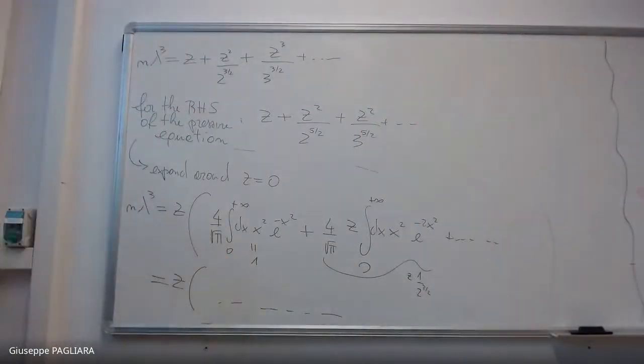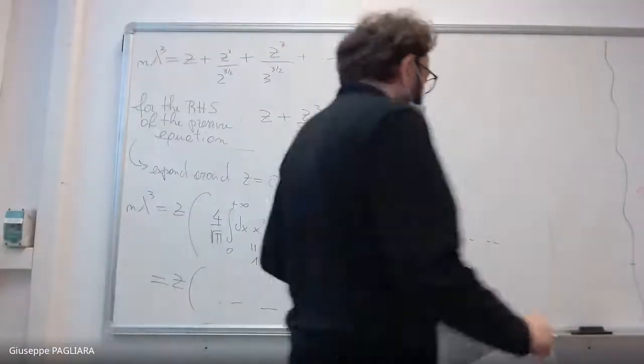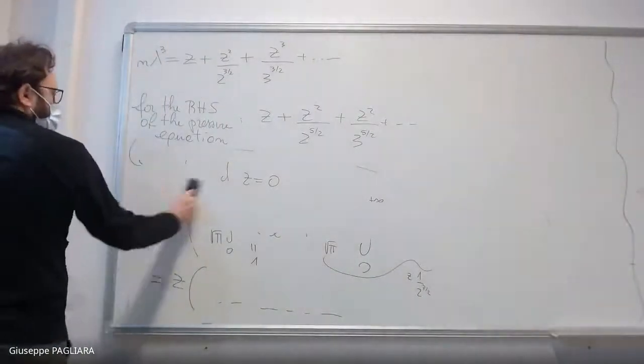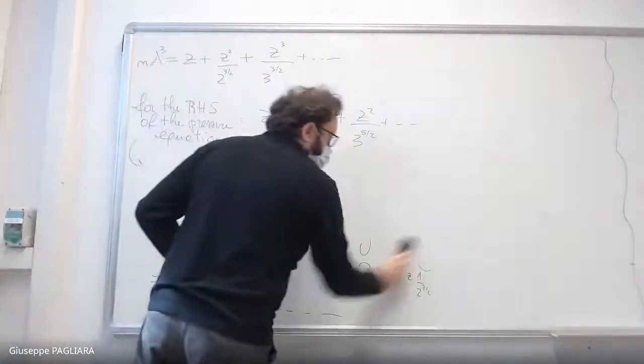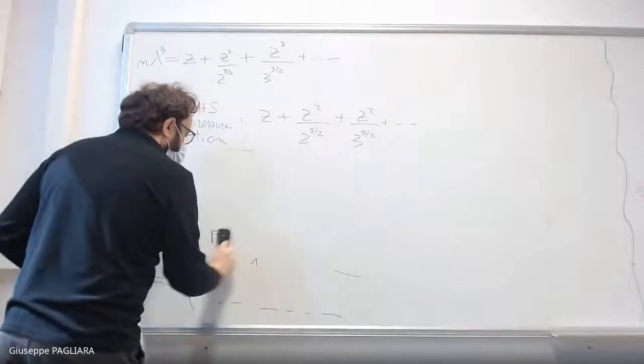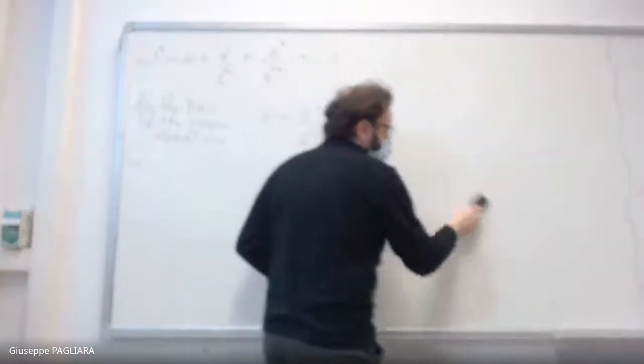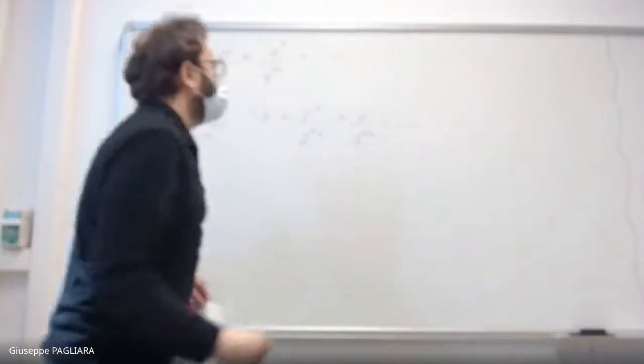Now it's useful to introduce the Bose function, which is the following function that we will use for the classical limit and for the Bose-Einstein condensation.